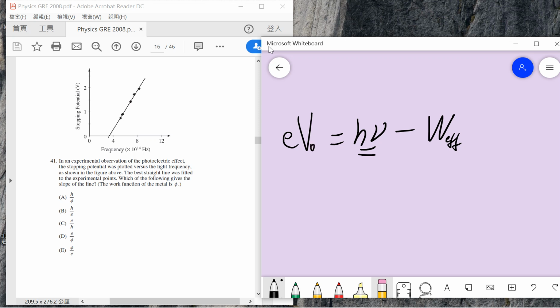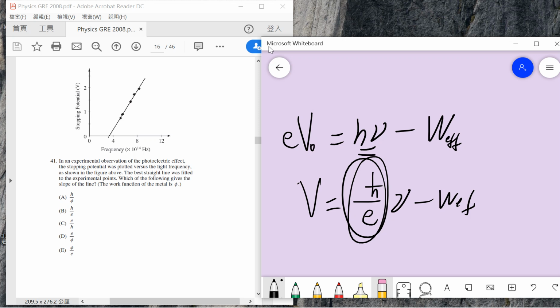So you plot the stopping potential versus the frequency. The slope is h, not h bar, h over e. So the answer is B.